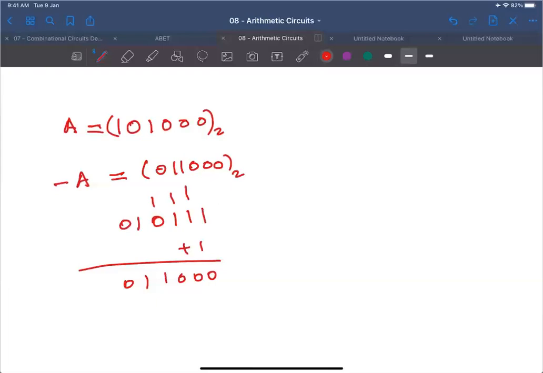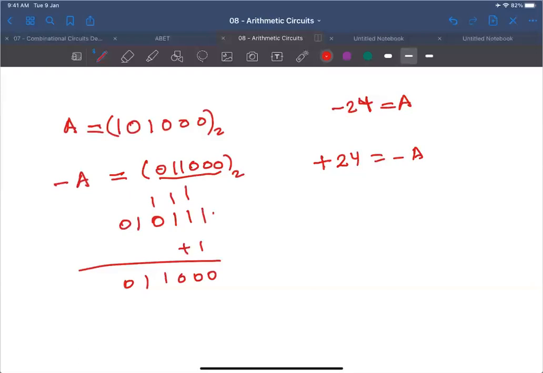The second thing, what is the value of this number here? It's going to be 8 plus 16, which is 24. This is negative A, so A must be minus 24.